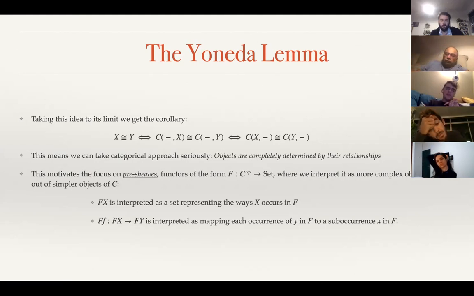And then applying one of these to a function is interpreted as mapping each occurrence of Y in F to a suboccurrence of X in F. So these functors are basically a way of changing contexts, or of adding structure, or of comparing different things. Basically, everything's a functor. They're great.